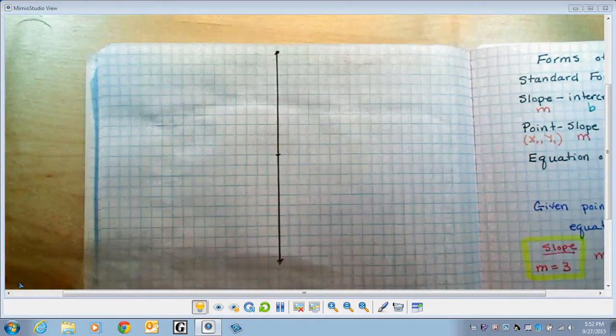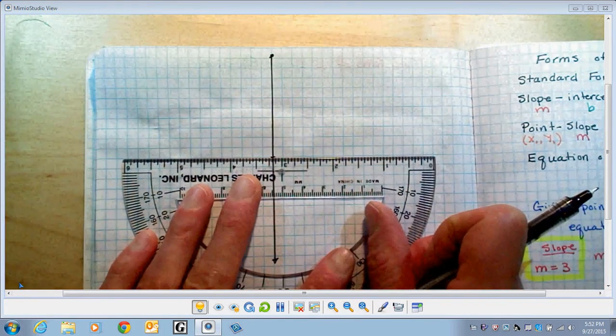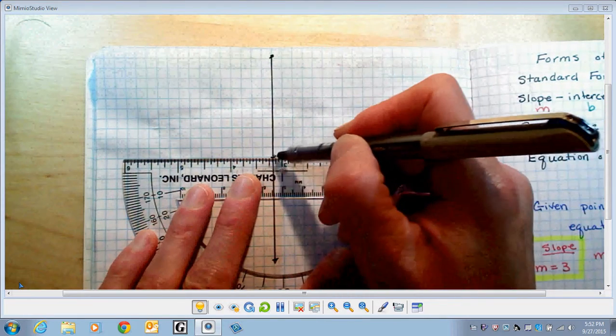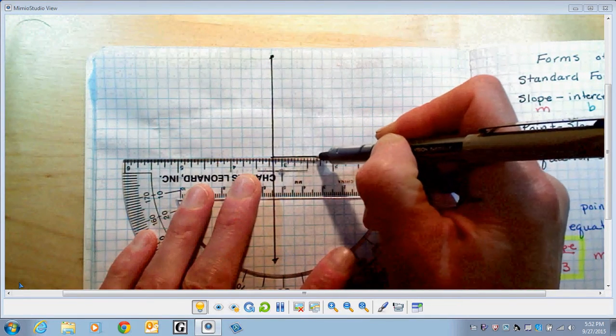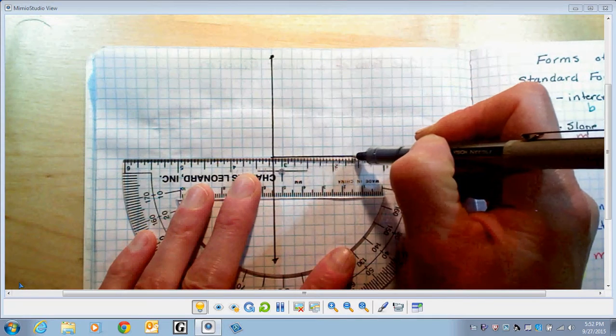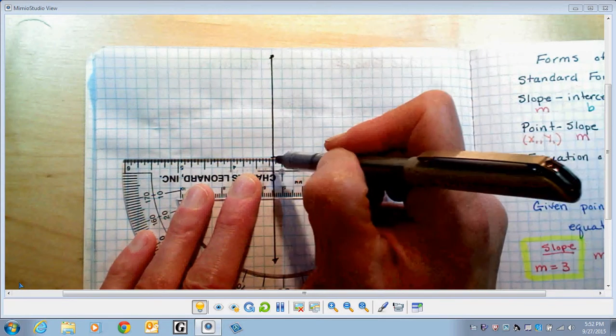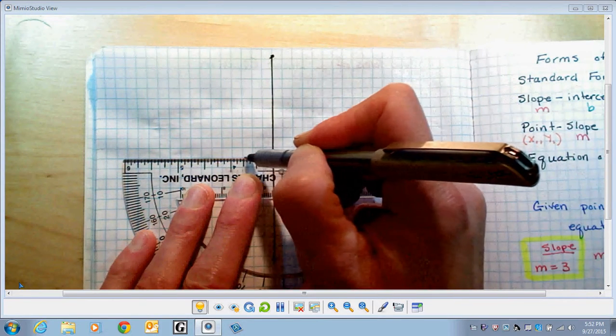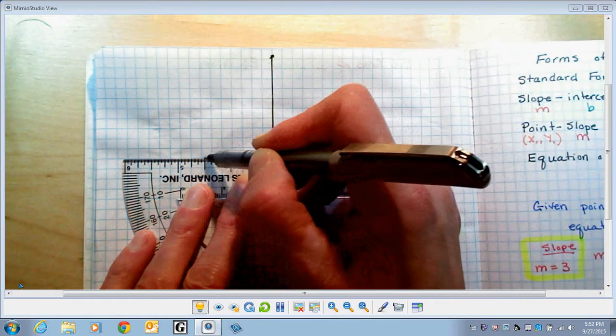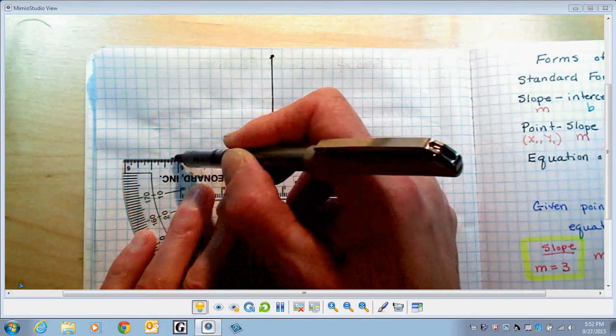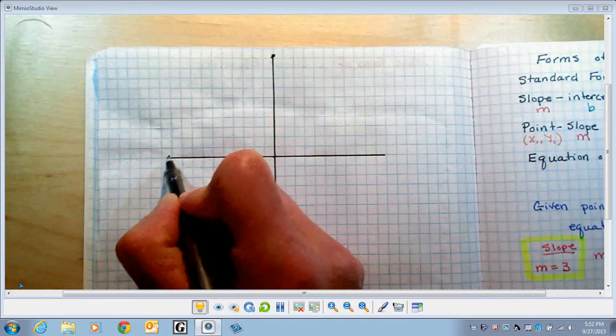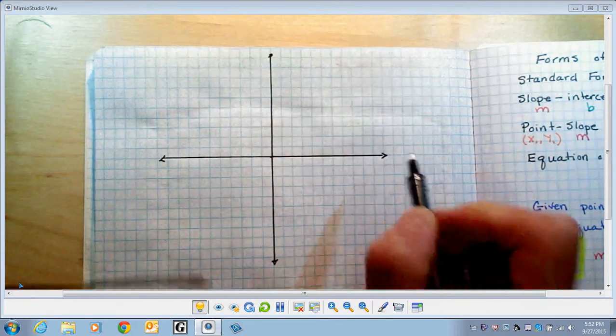So my x-axis is this way. So I'm going to go 10 one way, and 10 the other way. I might be off a little bit. My eyes got lost. Okay.